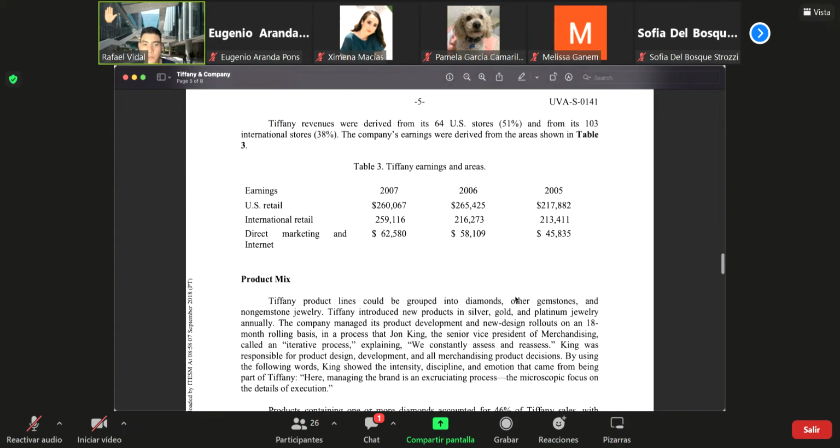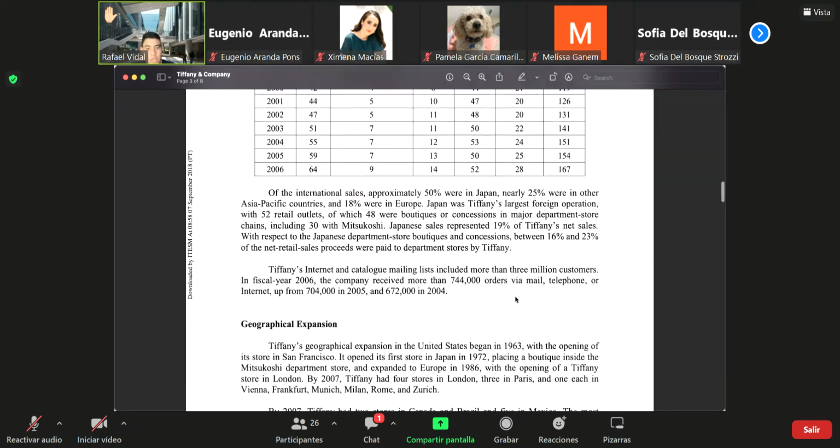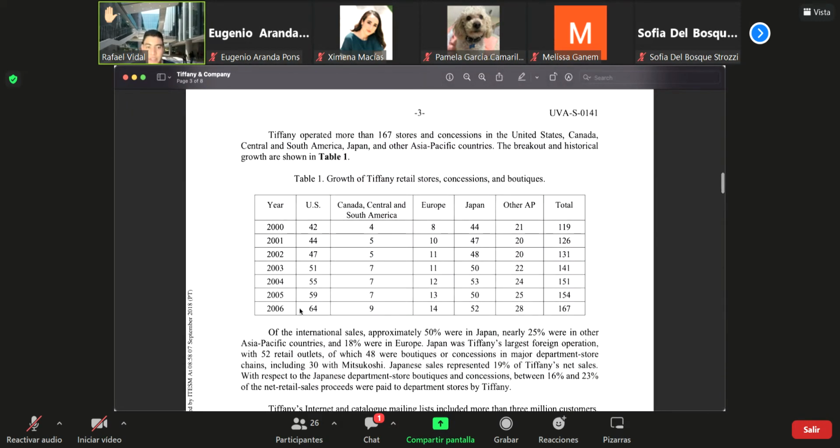Okay, I think so. So let's look at the stores we have here and here. We have in the US 64 stores, and in Japan we have 52 stores. So we'll just expect the number of pieces to be kind of the same or not.